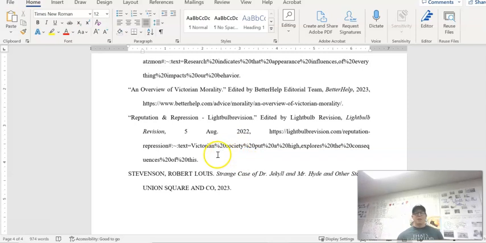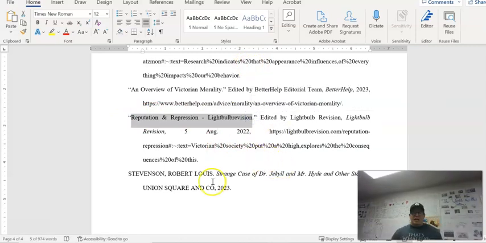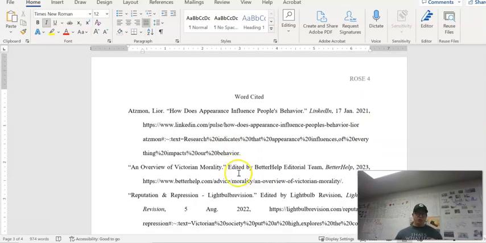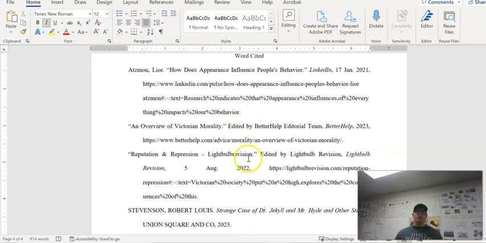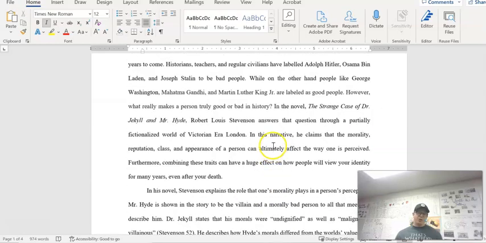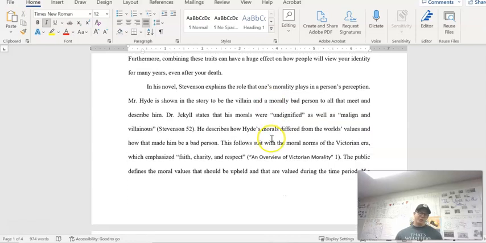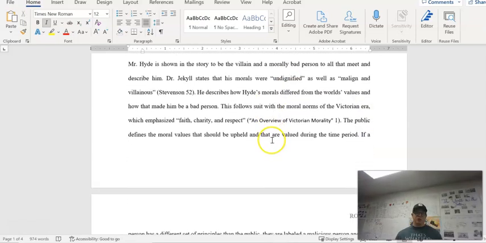But regardless, I would put this in the parenthetical citation. It's best for college papers to not use sources that don't have an actual author's last name. If it doesn't have an author, I wouldn't use it. You don't need a page number for this because it's a website.